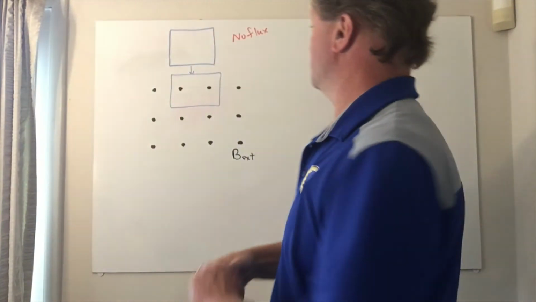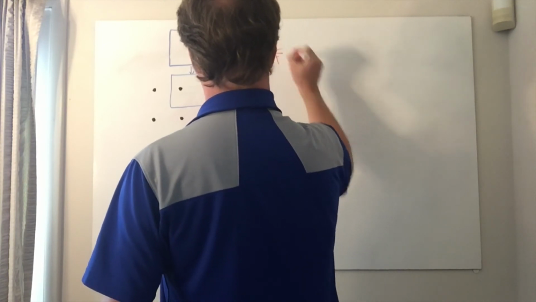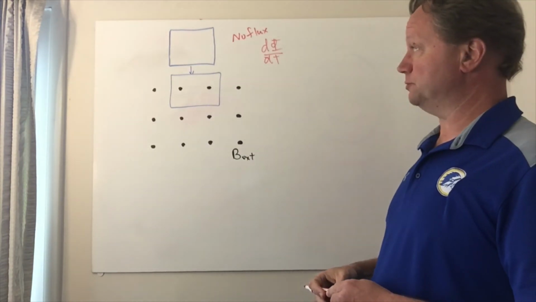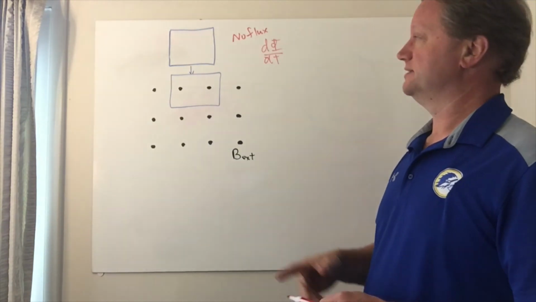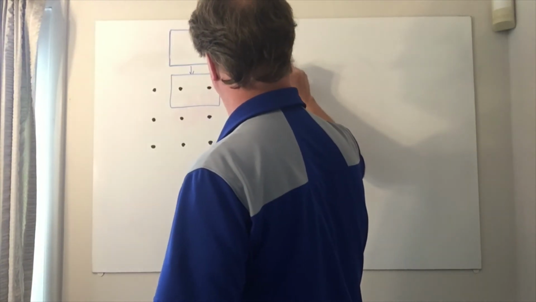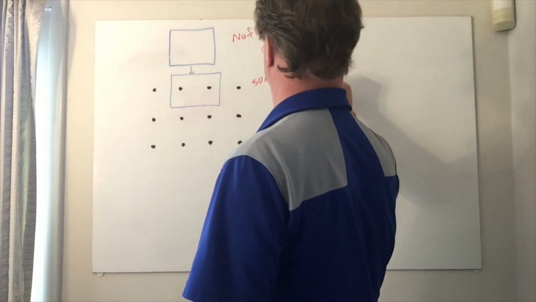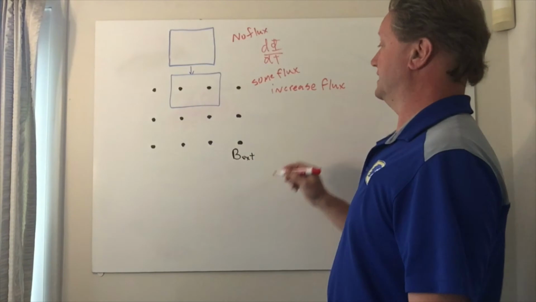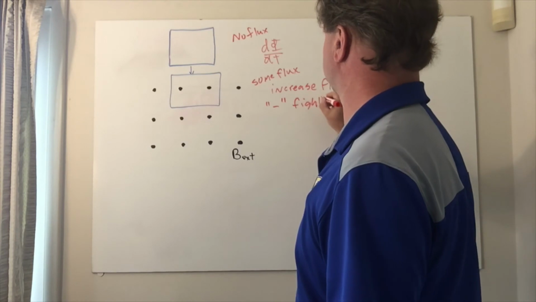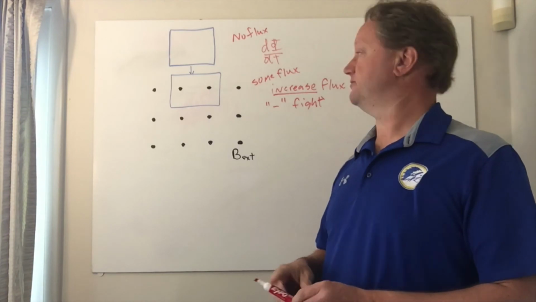So we do have a d phi dt, which means we will induce an EMF, and if we have an EMF in the loop, we will have an induced current. So when we go to here, there's no flux. Here there is some flux. So we are increasing the flux. Lenz's law, the negative, we fight that increase. So then we're going to set up a current that fights the increase in the flux.